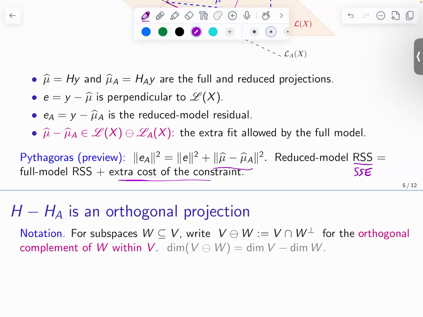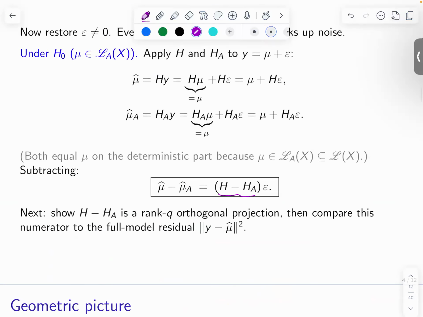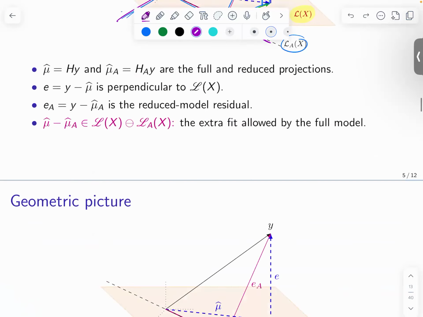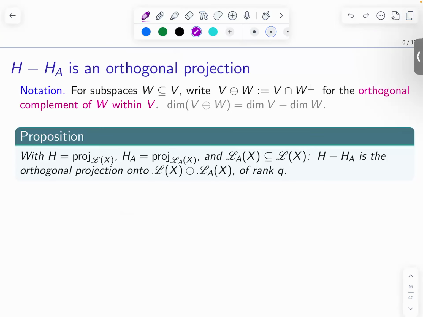This part is also referred to as an additional sum of squares. You'll see later. So let's prove, I want to prove an interesting result, that this H minus H_A is a projection. Then I can use that lemma from lecture 7 that tells me what the distribution is of the squared norm of a projection times the Gaussian vector.